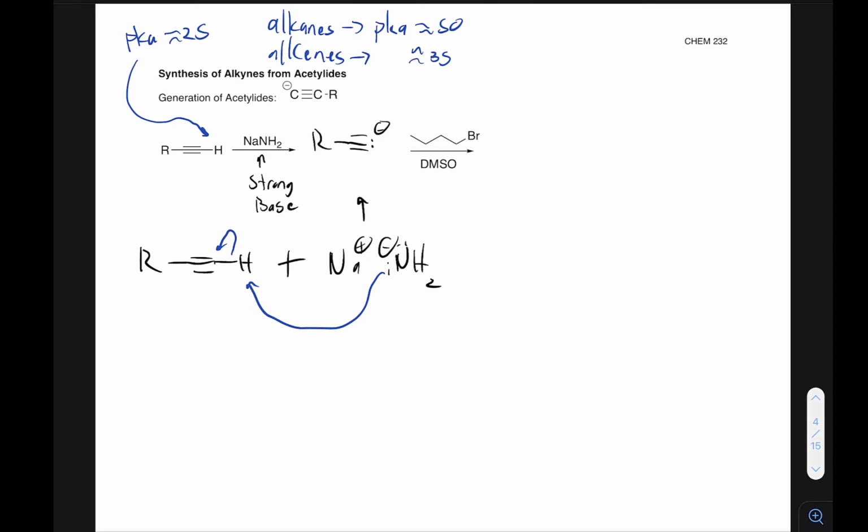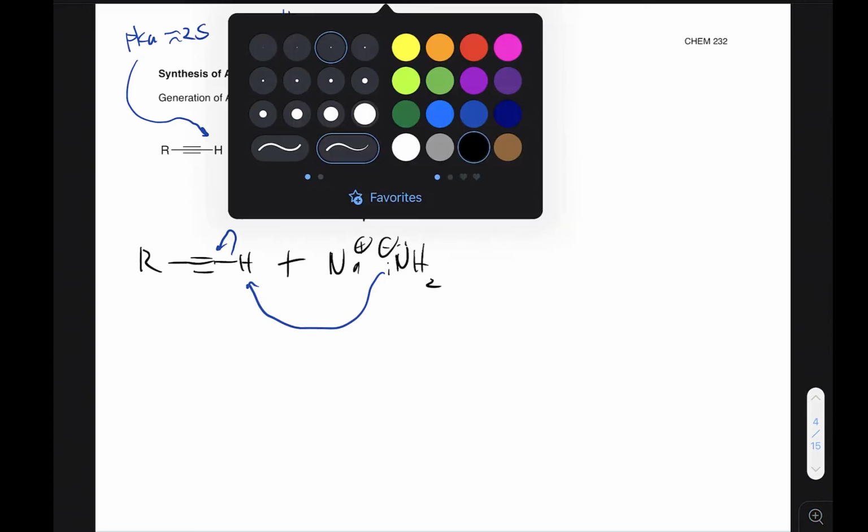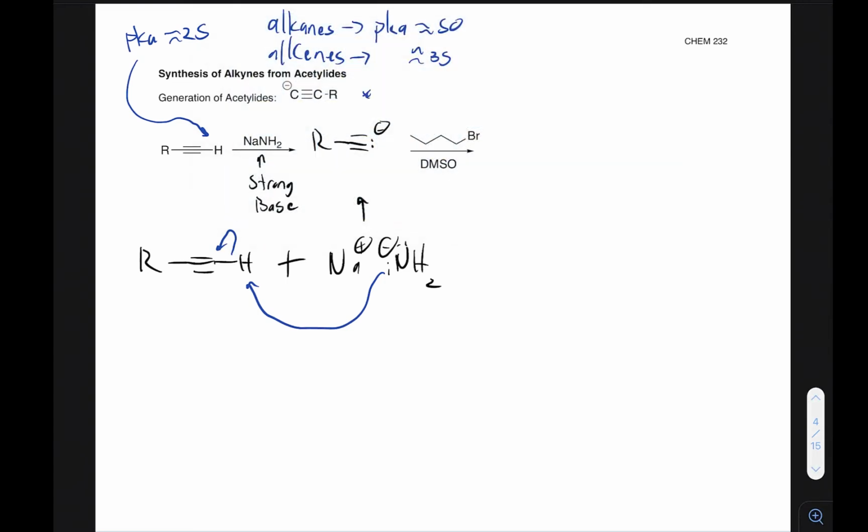And so now with this acetylide handy, we can go ahead and do further reactions with it, because now it itself is nucleophilic. It's also a stronger base, but as we can see here, it is nucleophilic. And so what we can do, for example, with this next reaction right here, hopefully it looks a little familiar, we can do an SN2 reaction with it, right?